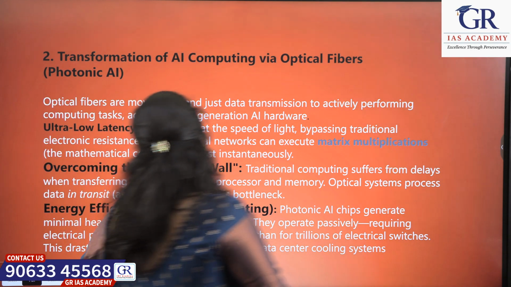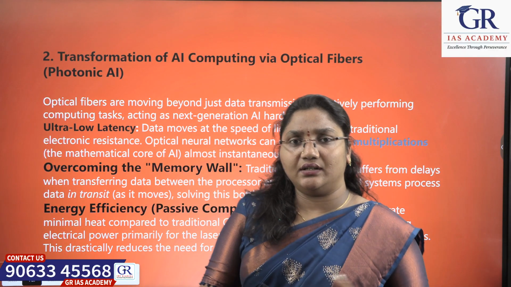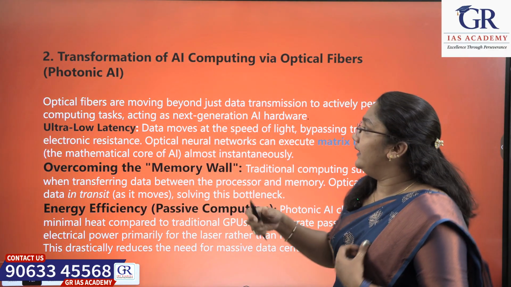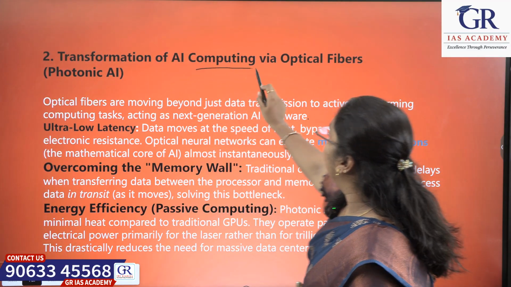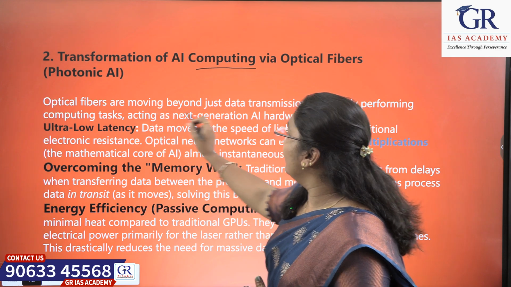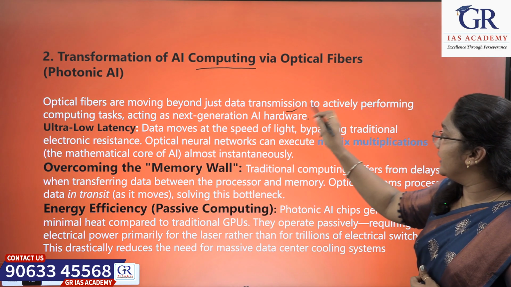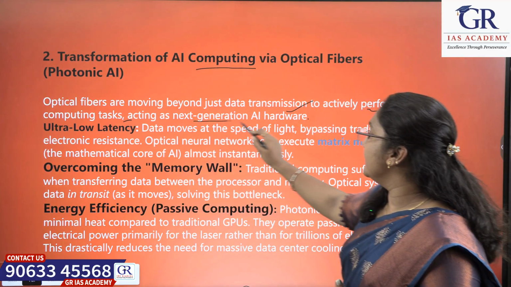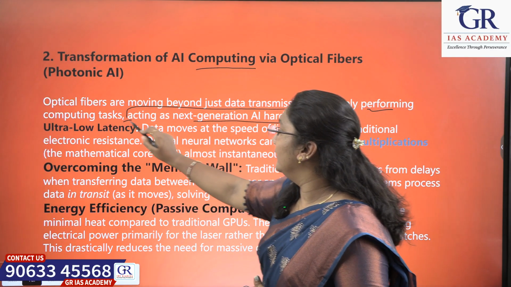Optical fibers are not only used in communication now, they are being used more widely, like the transformation of AI computing via optical fiber. Optical fibers are moving beyond just data transmission to actively performing computing tasks, acting as next generation AI hardware.